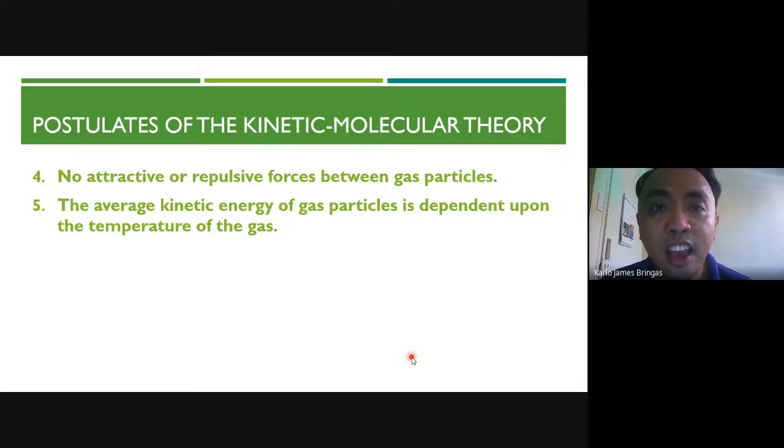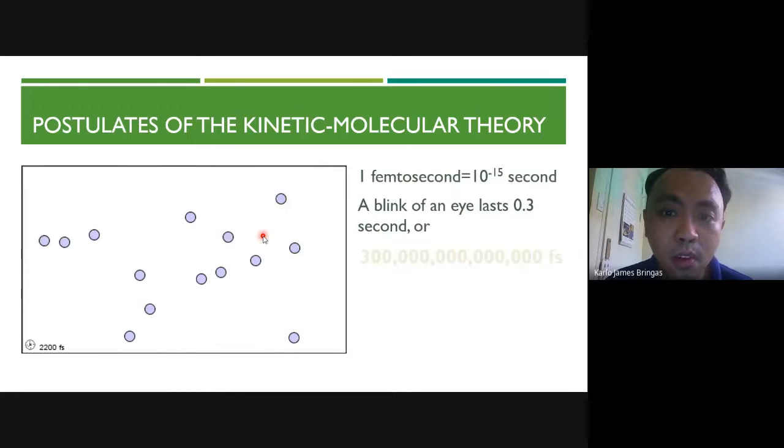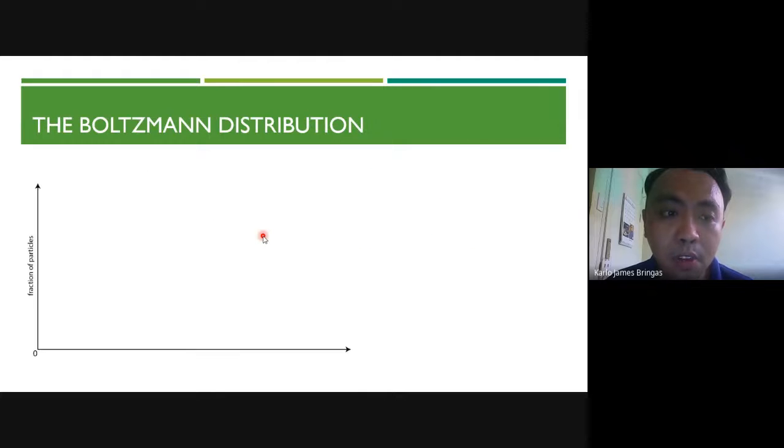Since the kinetic energy is related to the speed, and as we saw, as the temperature increases, the speed increases, so the kinetic energy is directly related to the temperature of that gas. So that is our Boltzmann distribution.